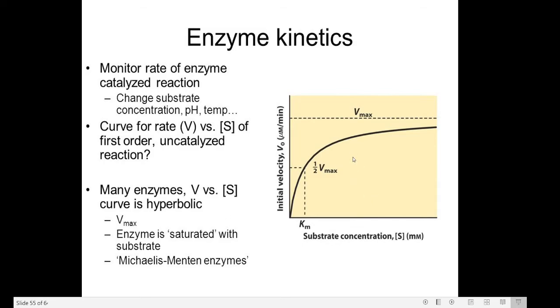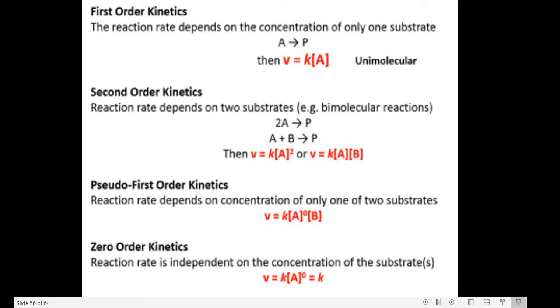From that curve we can calculate the Vmax value. The maximum region the curve reaches is called Vmax. Half of Vmax is a very important thing in the Michaelis-Menten enzyme kinetics equation. You all studied this in biochemistry. I am just refreshing this, going in a fast manner.